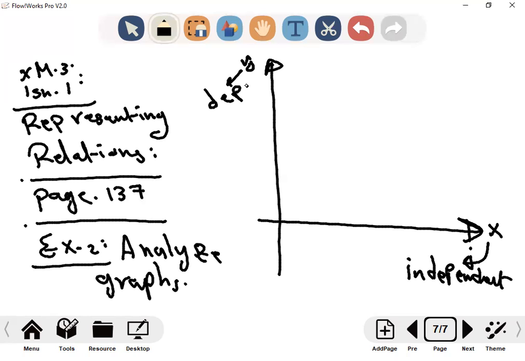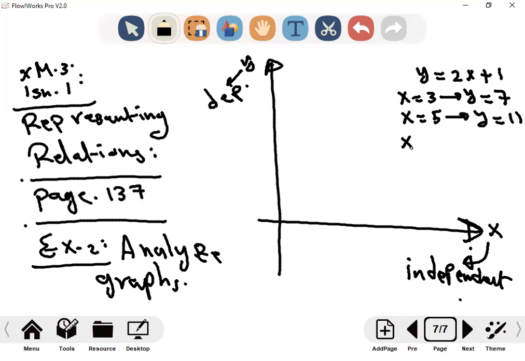For example, if I have this equation, y equals 2x plus 1. From where do we know independent and dependent? If I put x equal 3, then y will be 7: replace x by 3, 2 multiplied by 3 is 6, plus 1. If I replace x by 5, y will be 11. If I replace x by 8, y will be 17.